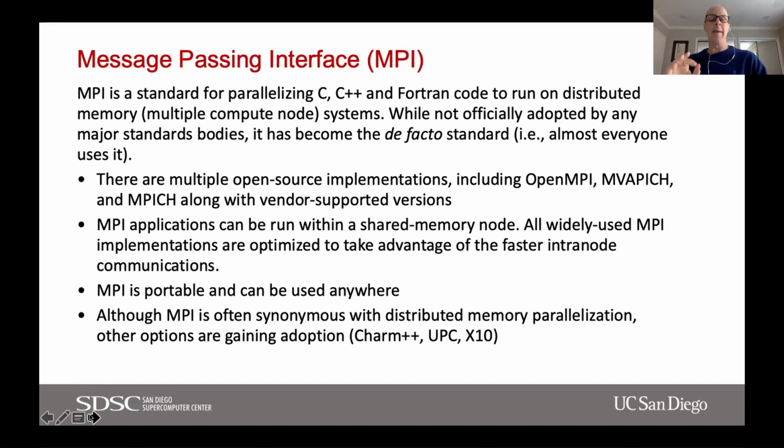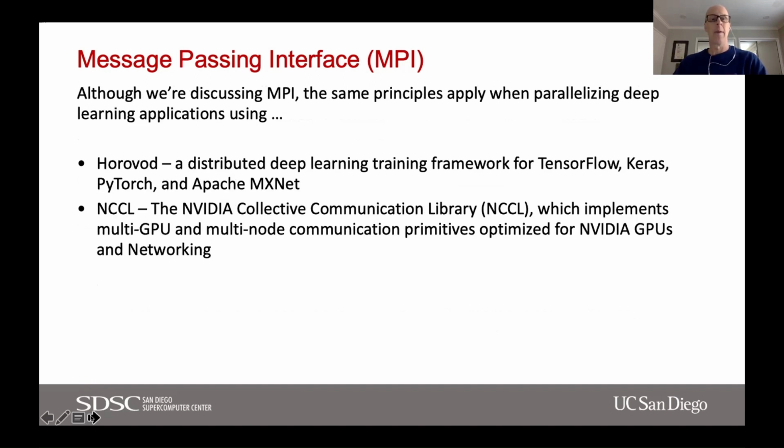And although MPI is synonymous with distributed memory parallelization, there are other options out there that are gaining some adoption, like Charm++, which is used in the NAMD molecular dynamics package, UPC, and X10. And just a little bit of a diversion for those of you who are doing deep learning.